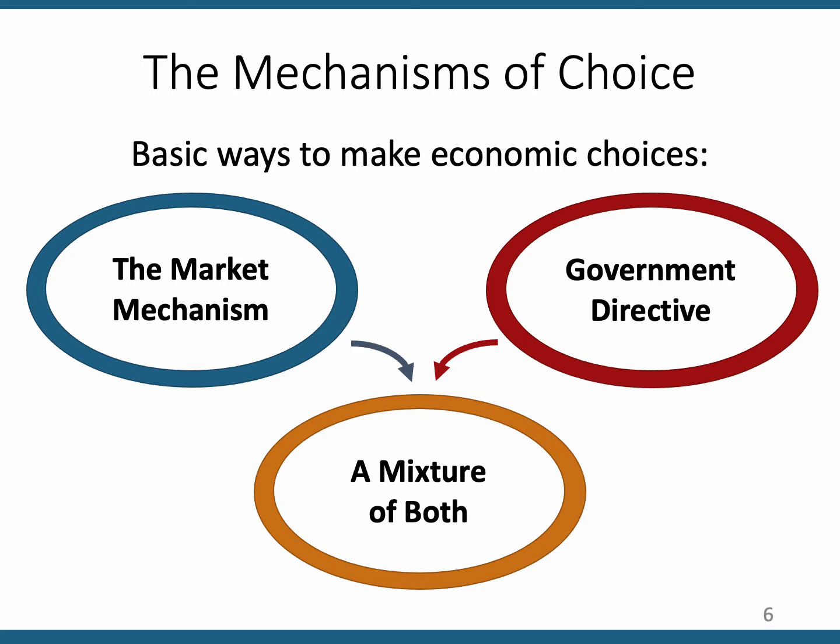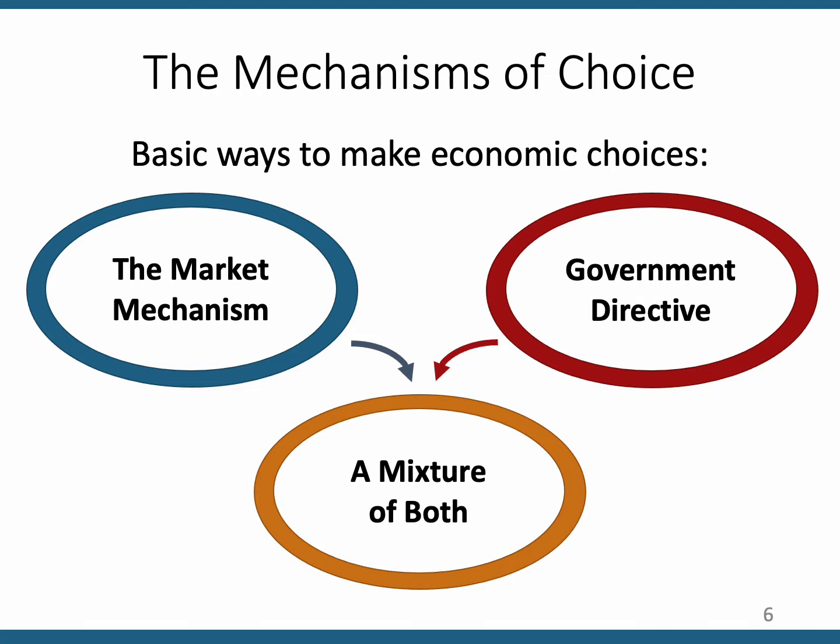On the other hand, you could have an economic system built on the principles of socialism, and if it's extreme socialism, that would be communism, where the government owns the factors of production. The government owns the businesses that produce the goods and services. Again, this would be communism if the government owns all of the businesses within the economy. In that type of system, command system economies, it's government directive that guides economic activity.